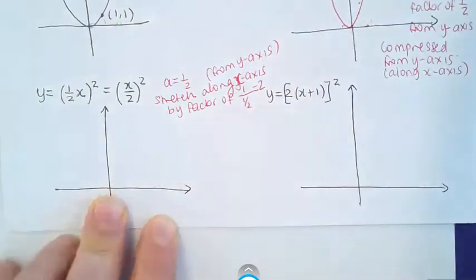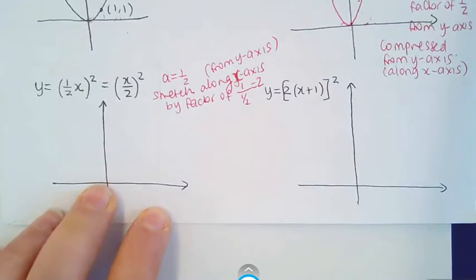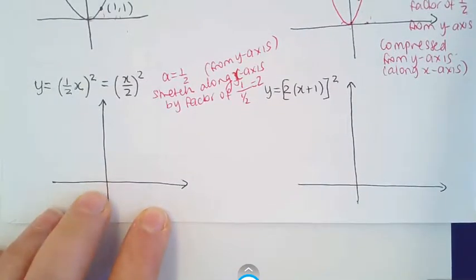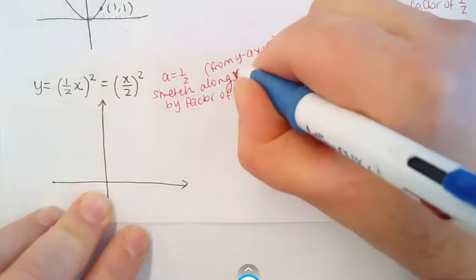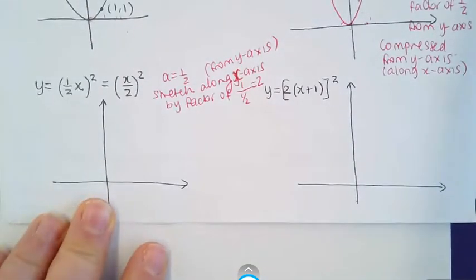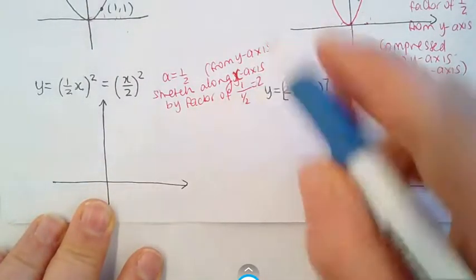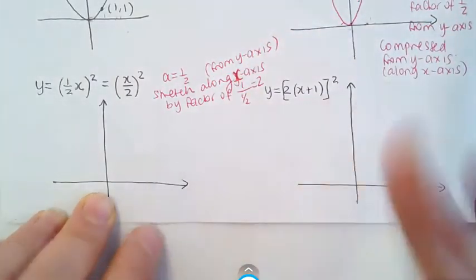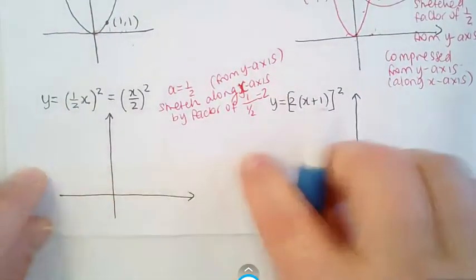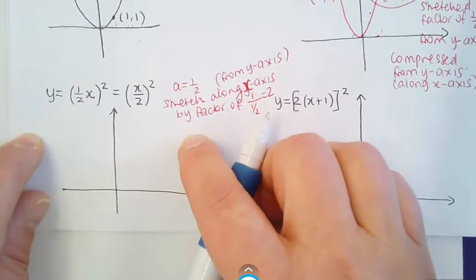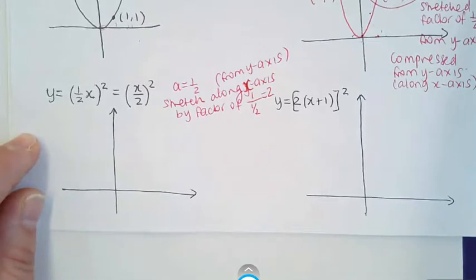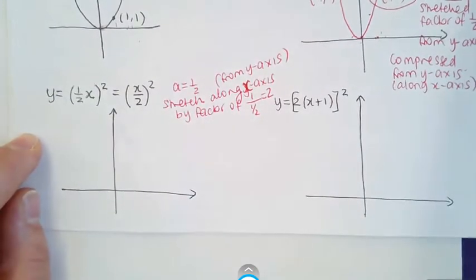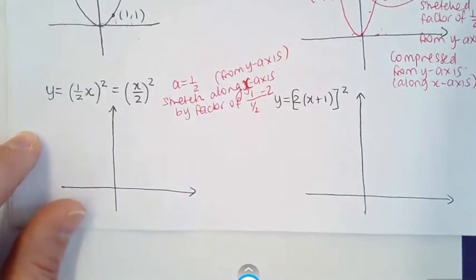So stretched along the x-axis by a factor of 2, or stretched from the y-axis by a factor of 2. Mistake, mistake, mistake. All right, choose some values. So if it's stretched along the x-axis by a factor of 2, this is the x-axis, it's getting wider. We know that's wider anyway. We know because that's y equals a quarter x squared. But you don't say that the factor's a quarter.